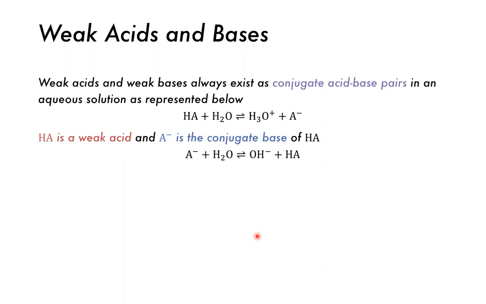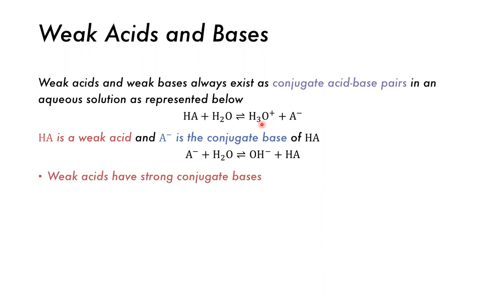So we have this feedback loop where we keep creating the acid, but then the A minus reacts with water to form the hydroxide, which neutralizes this created acid and gives us HA, because whenever we react OH minus with H3O plus, we have that auto dissociation of water equation, and the H3O plus and the OH minus react to give us water. So we end up back at the start with water and the weak acid, undissociated.